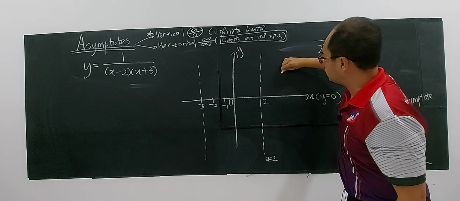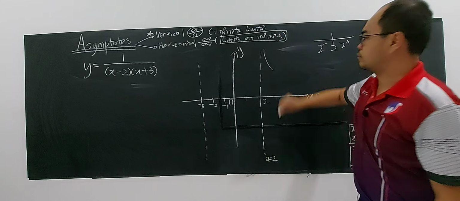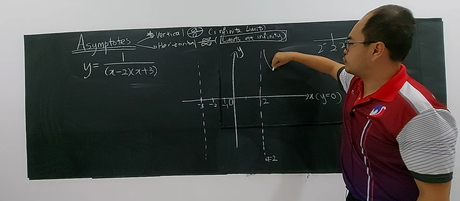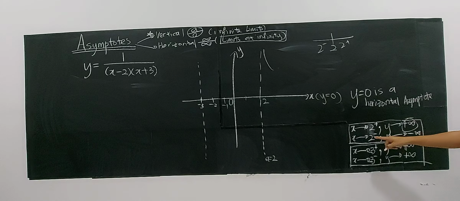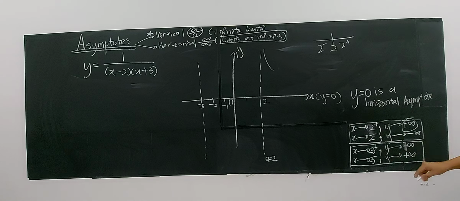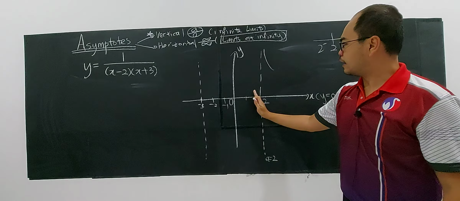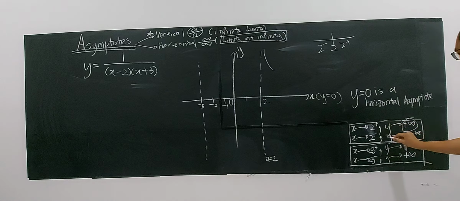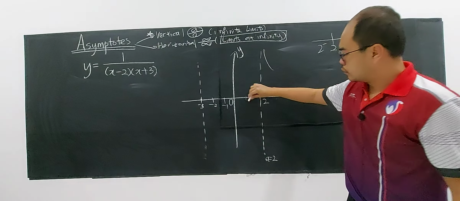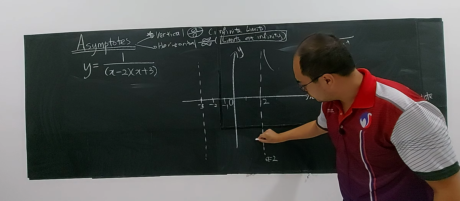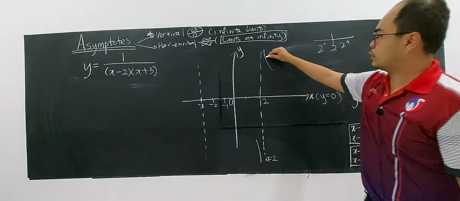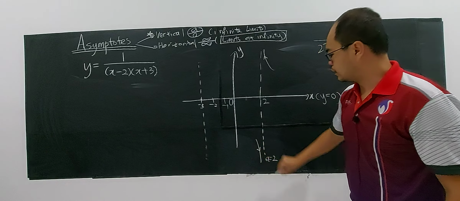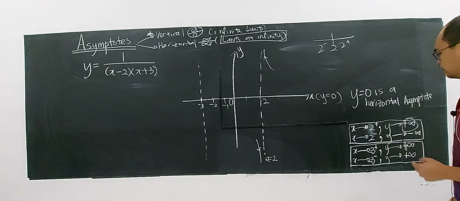When it's from the left, you're getting negative infinity, which means the y value approaches a very big negative number. So we're going this way, going this way. This tells us how the graph goes.